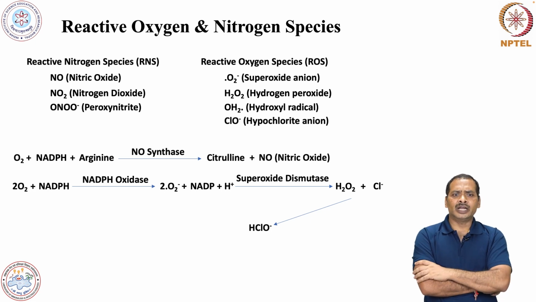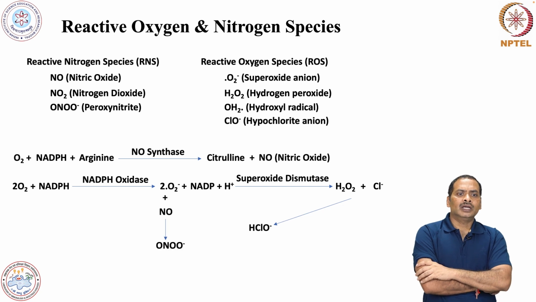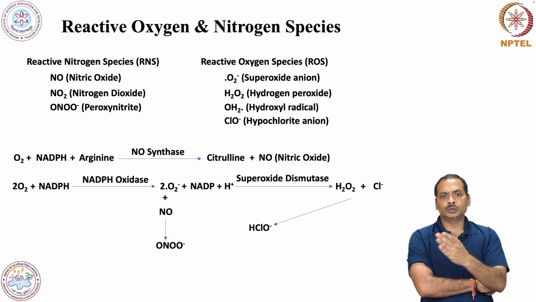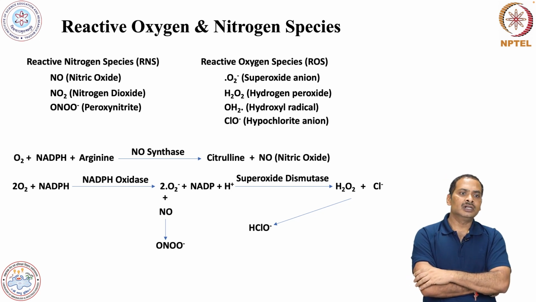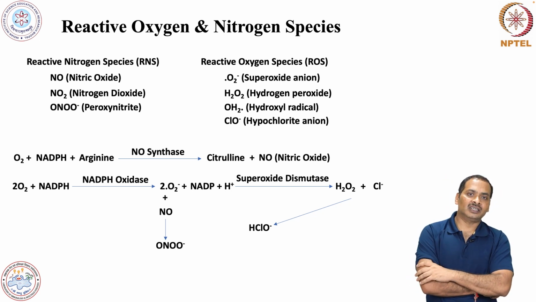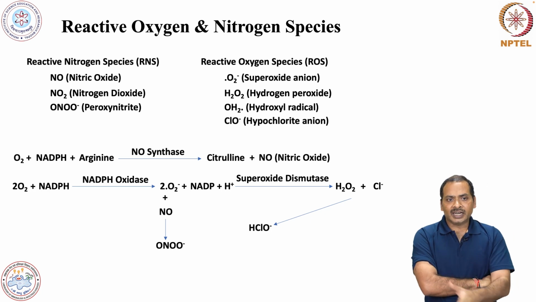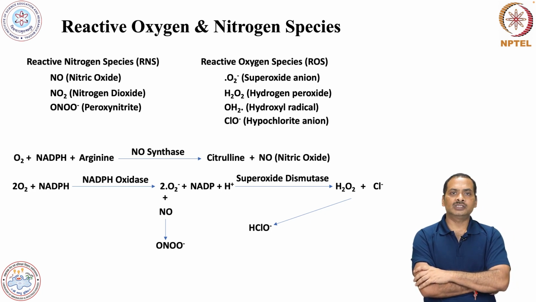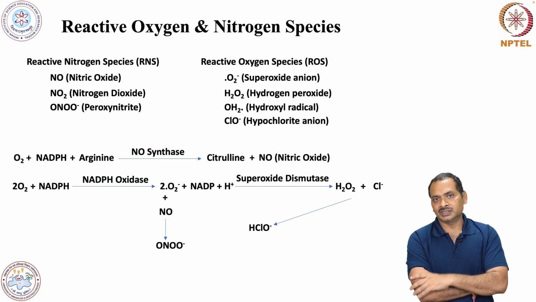Basically, it's a hypochlorite anion. And this nitric oxide can also react with superoxide anion, and that will make peroxynitrite. So in that way, all these reactive nitrogen species and reactive oxygen species are formed inside the cell.